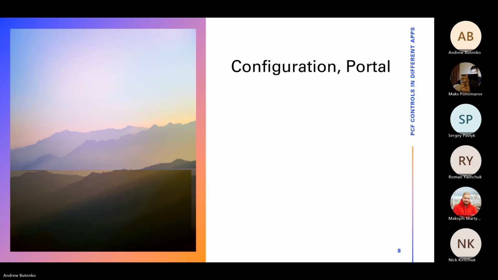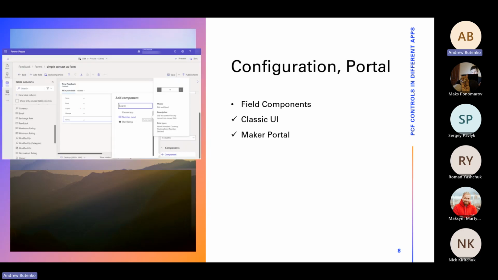Okay, portal. With the portal, it's really an interesting story. For the field components, we can use two different ways. Actually, we can use the old way, and it means in order to activate the particular control for the portal, you have to go to the classic UI or to the Maker portal and add the control to the form that is bound to basic form or extended form inside the portal.